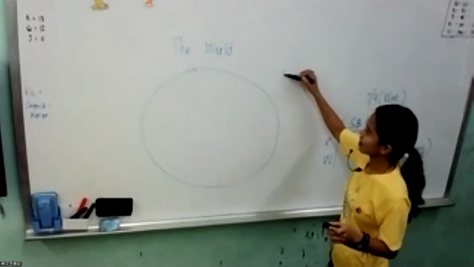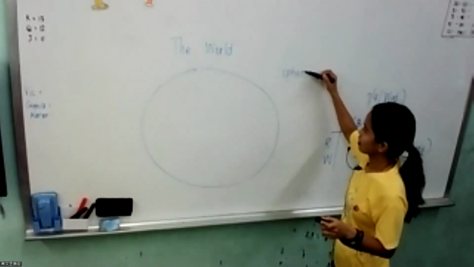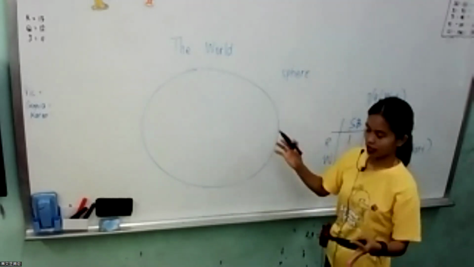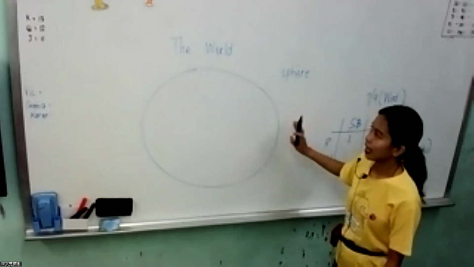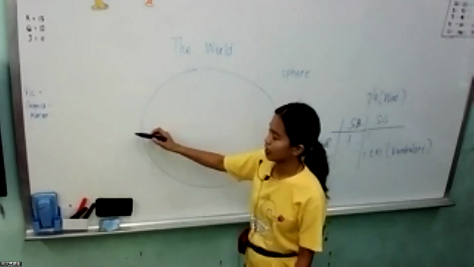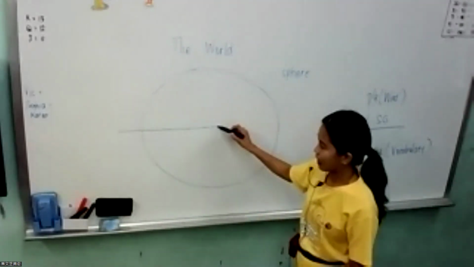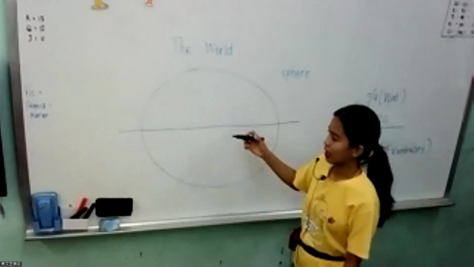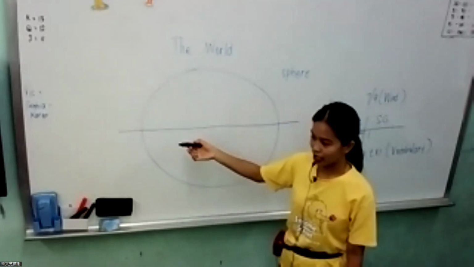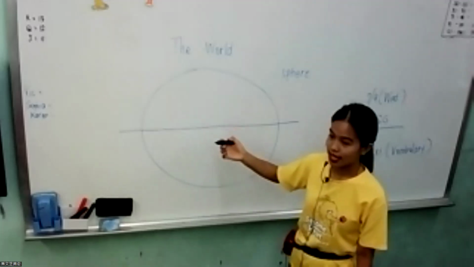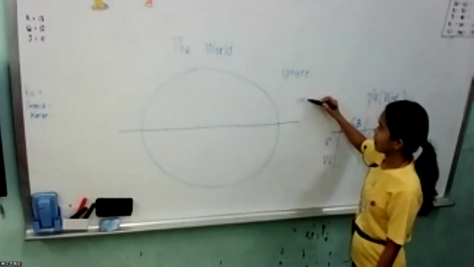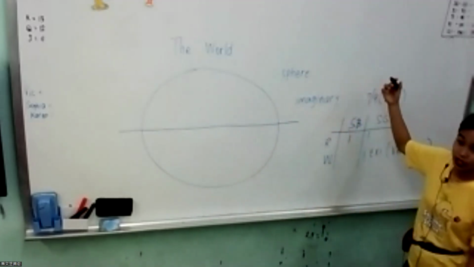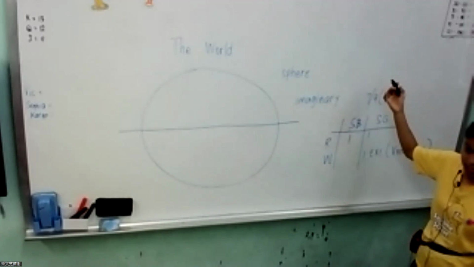Okay, the shape of the world is sphere. Okay, it's not actually a circle. Okay, it's called sphere. And the world is divided into an imaginary line, the line at the middle. When we say imaginary, it means not real or you cannot see it.